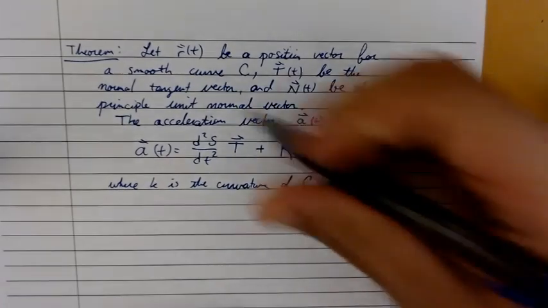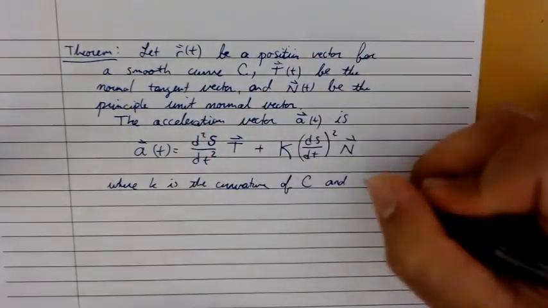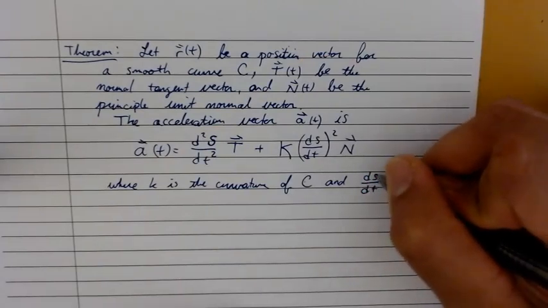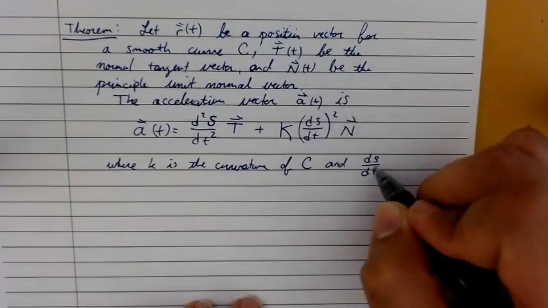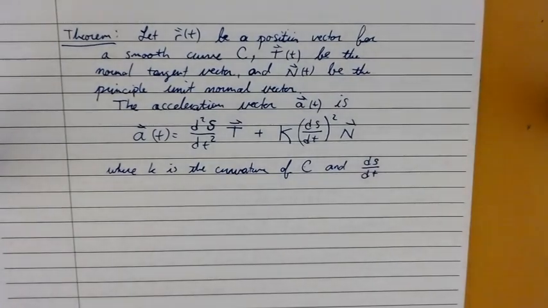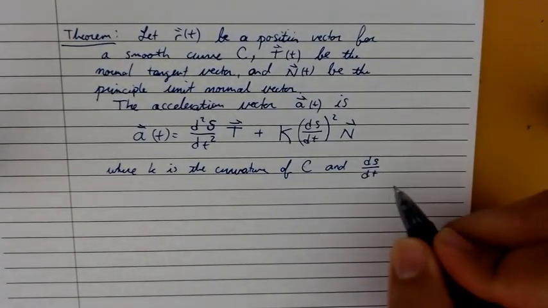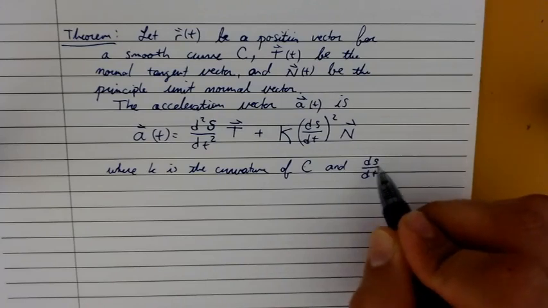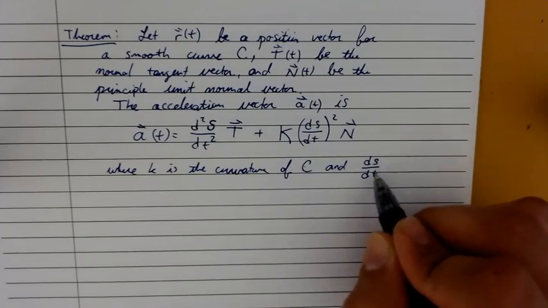and ds/dt is the change of speed over time. Sorry, I've stated that badly. That would just be the speed.